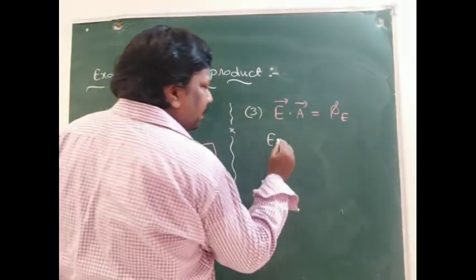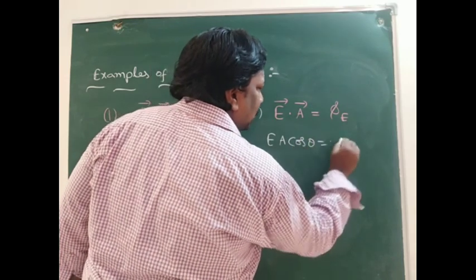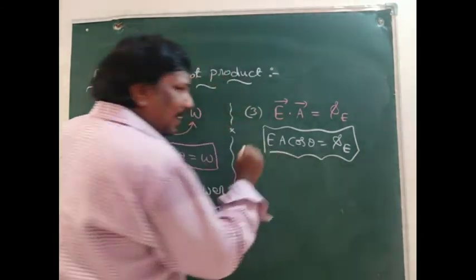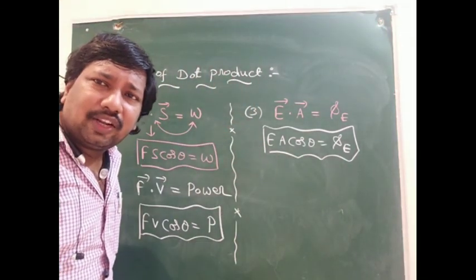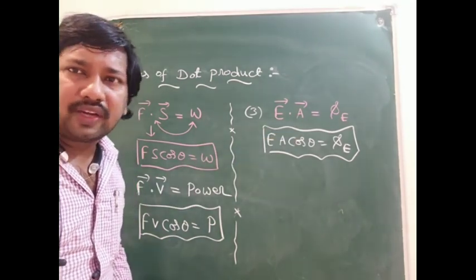Therefore E bar dot A bar equals EA cos theta equals phi E. Here phi E is the electric flux, which is a scalar. E bar and A bar are the two vectors.